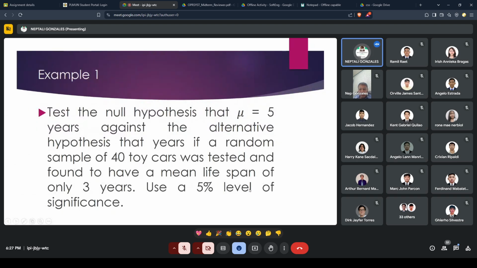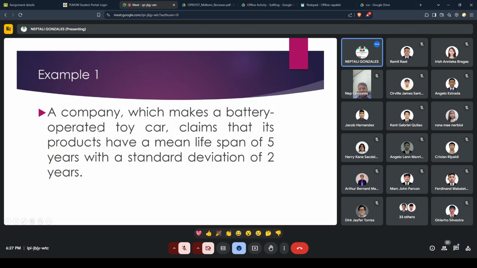Use a 5% level of significance. So kita mo na kagad, a company which makes a battery-operated toy car claims that its products, so ito yung buong population. Kasi kiniklaim niya that all of its products have a mean lifespan. Yung battery daw talaga ng toy car na yon ay tatagal ng 5 years. Sinabi niya, population, this is the population mean, 5 years.